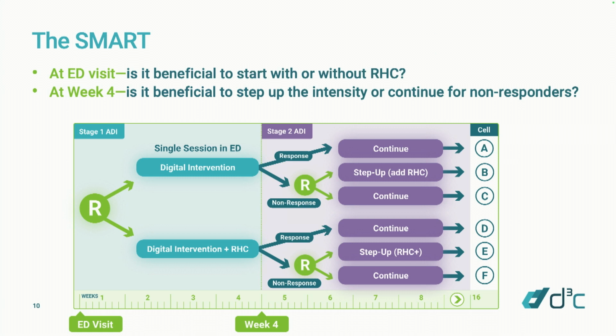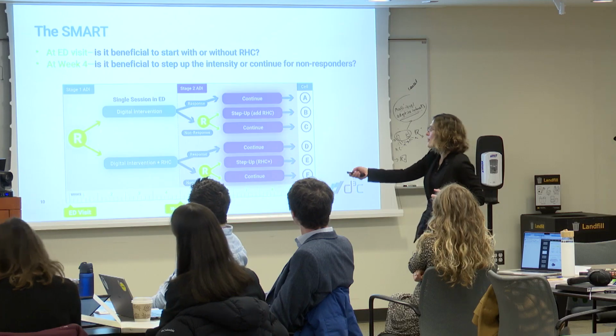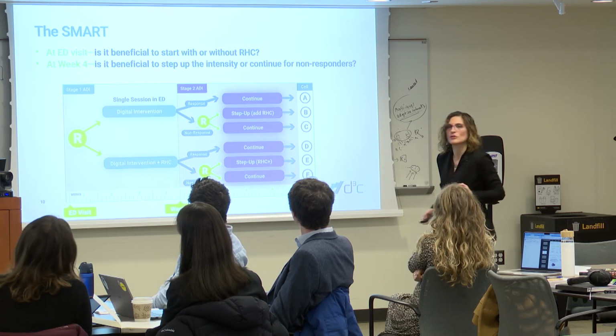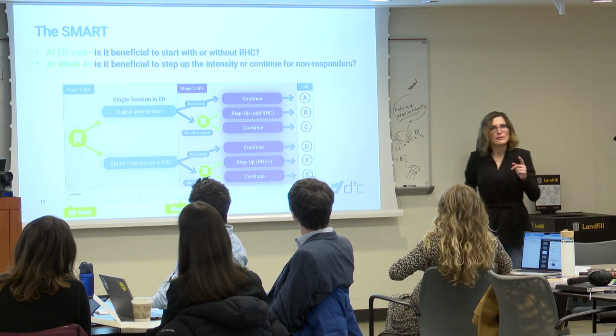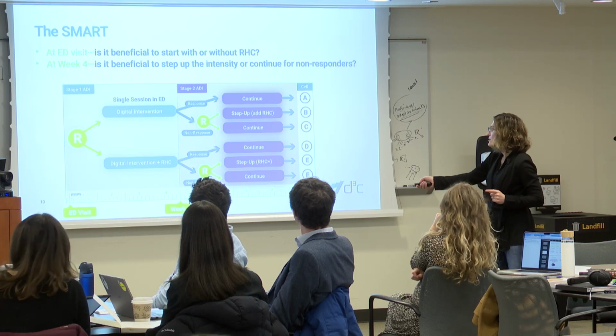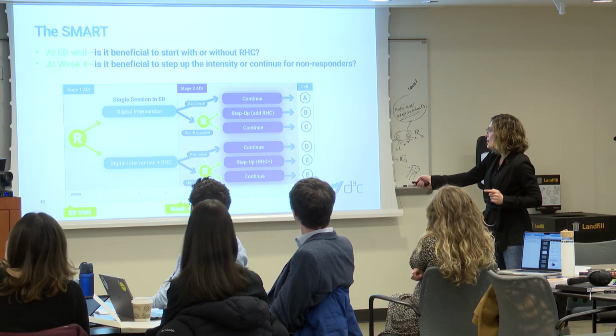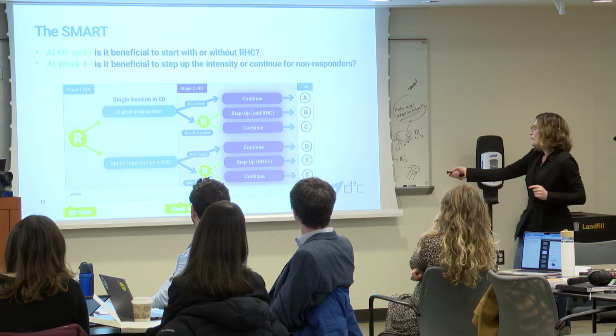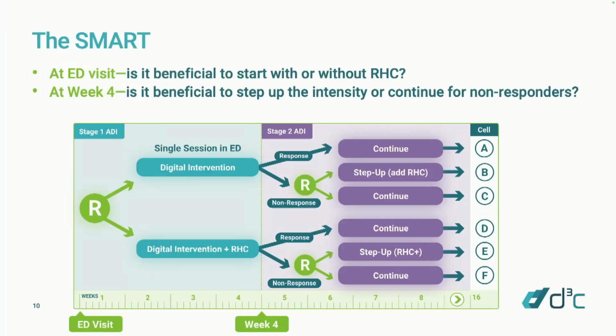Here, I don't know how to initiate my intervention, with or without coaching. So I randomize initially to the intervention with or without coaching. And then, I don't know what to do for non-responders at week 4. So what do I do for non-responders? I re-randomize them to step up versus continue. My responders continue with the initial intervention.